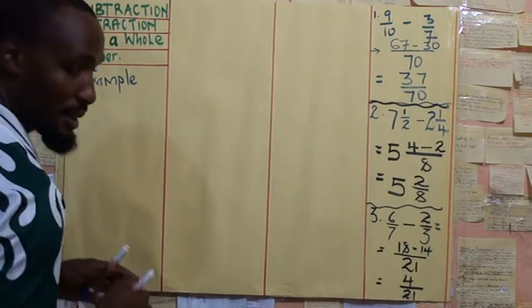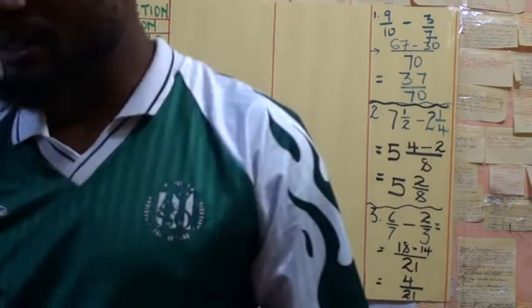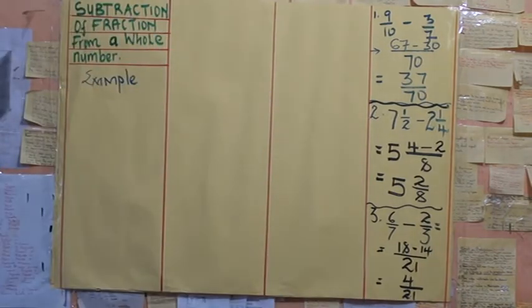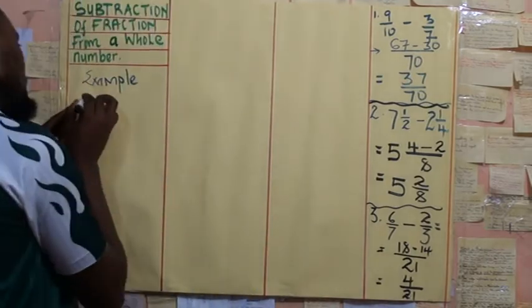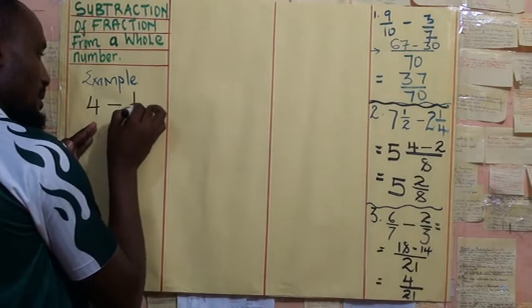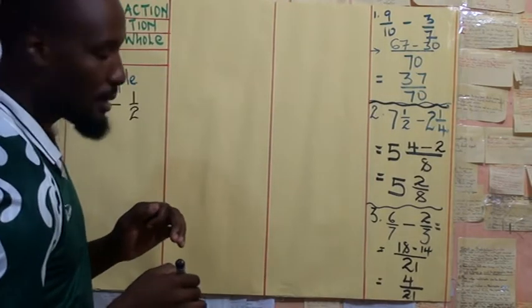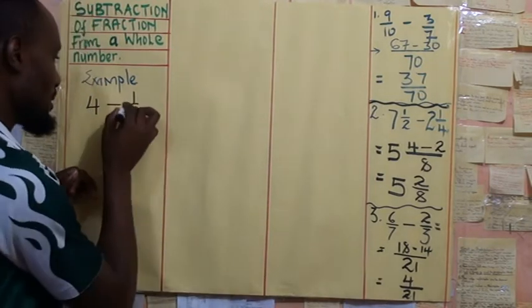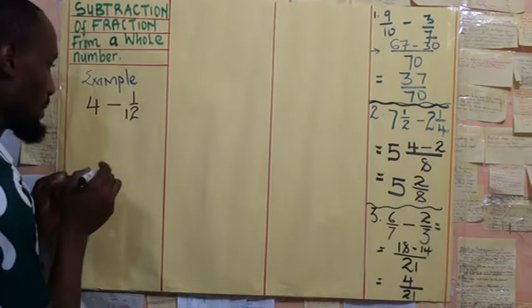Example number 1 is this. We are going to have 4 minus 1 over 12.